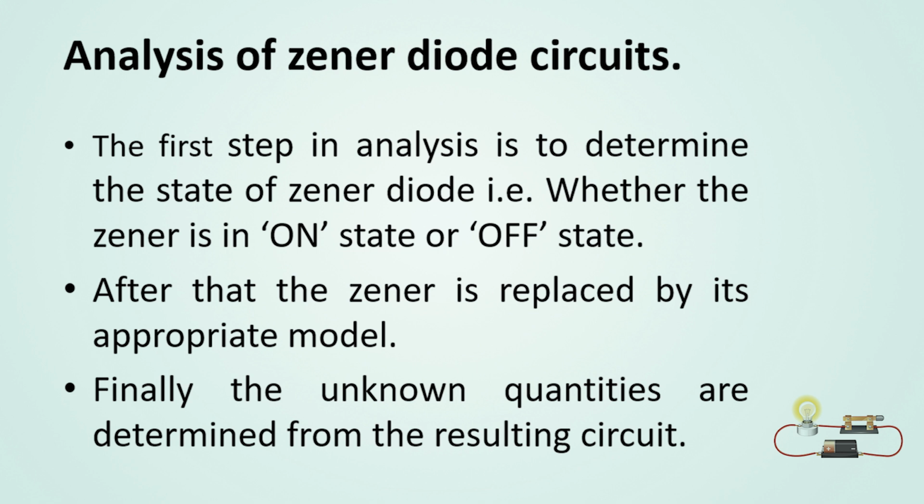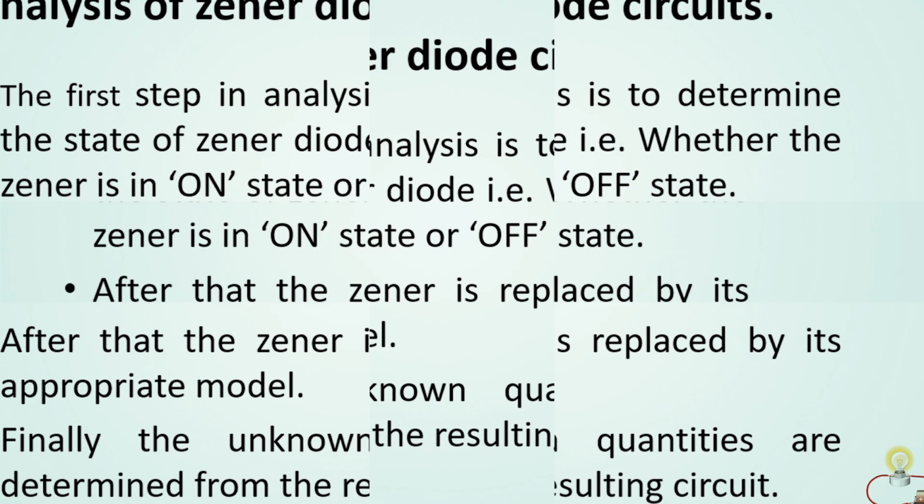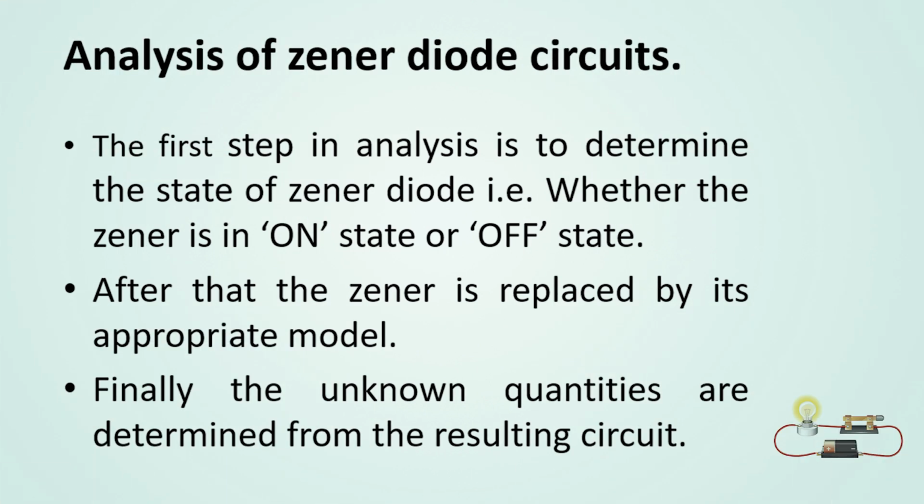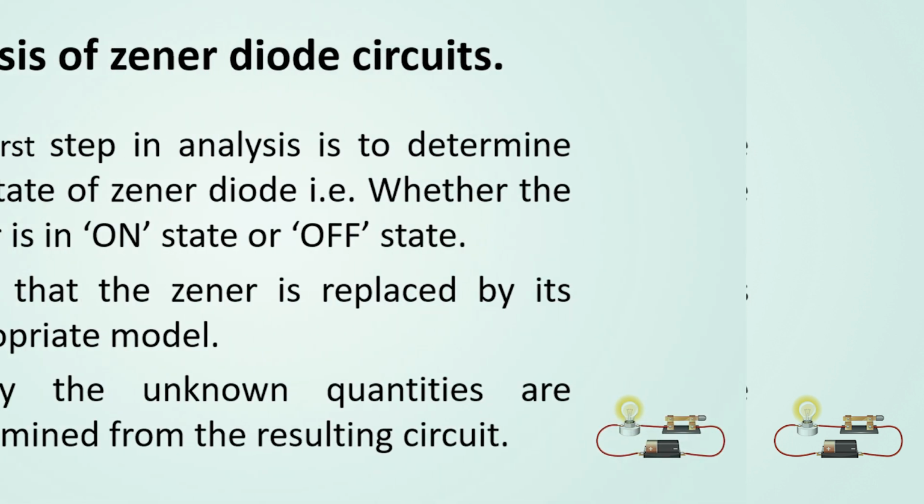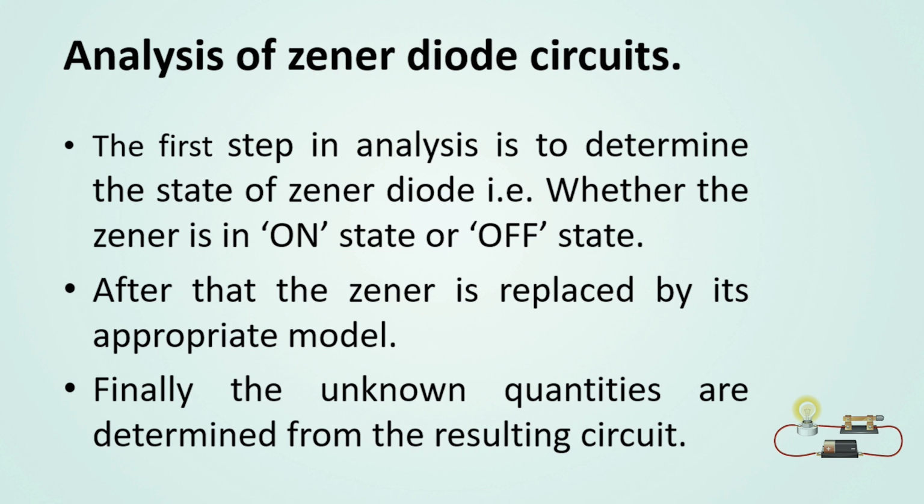As we are going to study the analysis, the first step is to find out the state of the Zener diode, that is, for different values whether it will be in on state or off state. After that, the Zener is replaced by its appropriate equivalent model. So, knowing the state, the Zener diode will be replaced by its equivalent model. Finally, the unknown quantities are determined from the resulting circuit.